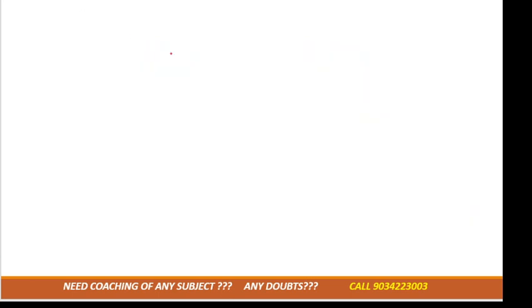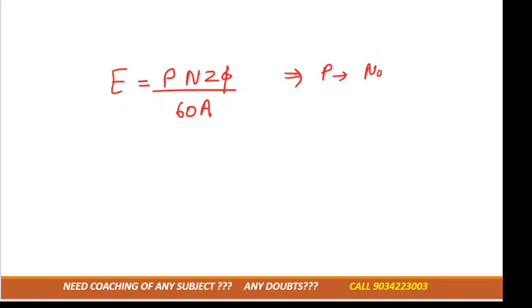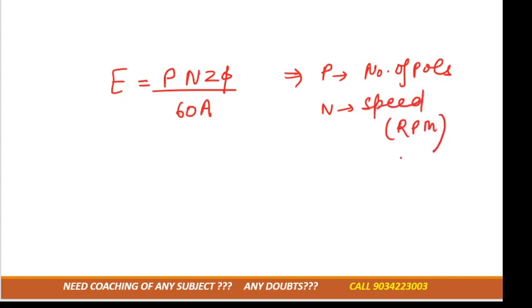Now the next formulas, which are common for the DC generator and motor: E is equal to P N Z phi divided by 60A, that I told you. P is the number of poles, and N is the speed. This N is speed in RPM, that is rotations per minute.